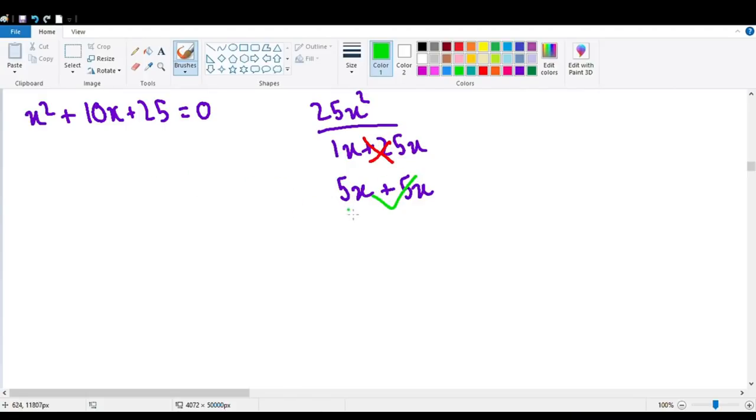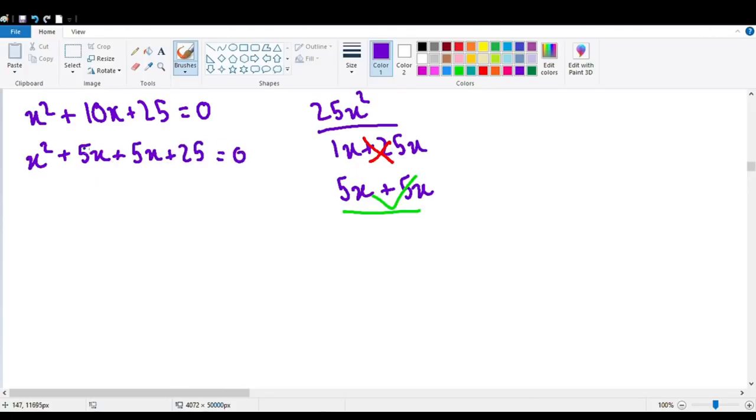So we're going to put these two in bx, or like 10x. So it's going to be x squared plus 5x plus 5x plus 25 equal to 0.